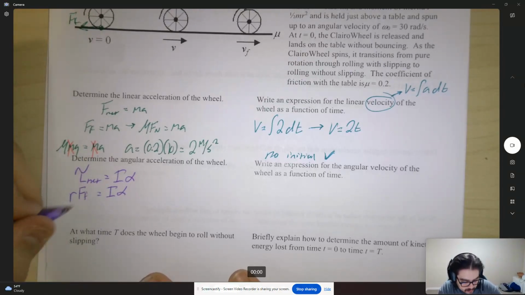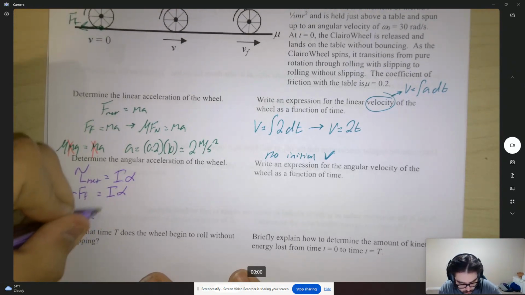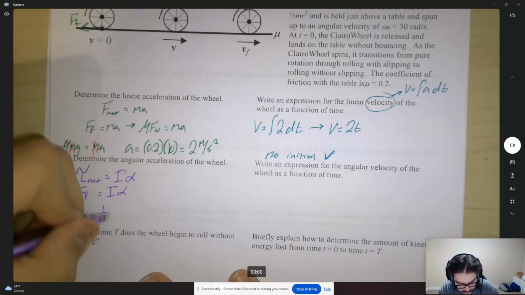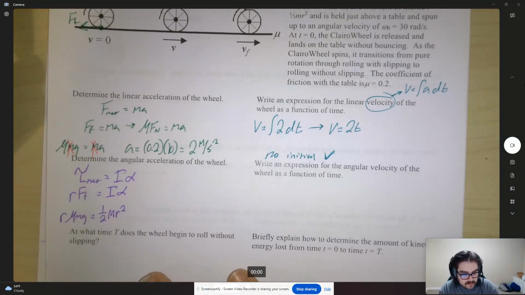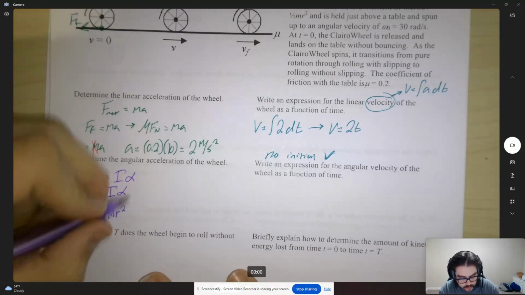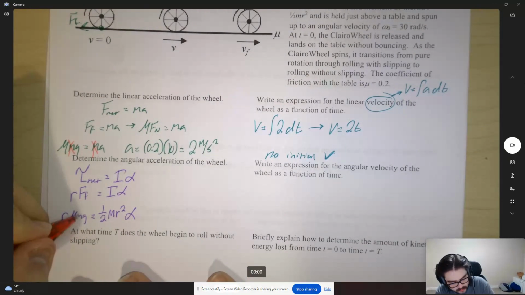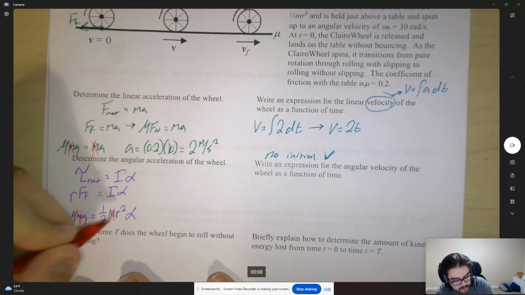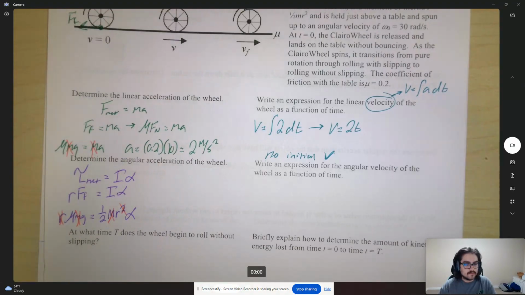If I plug everything in, r mu mg equals 1/2 mr squared times alpha. Sorry, I need alpha there. What you'll recognize is that you can cancel out your m's on both sides, just like last time, but you can also cancel out one of your r's on both sides, which is pretty cool.